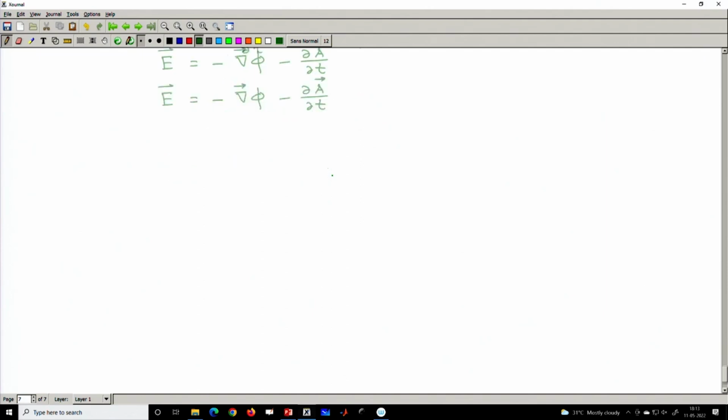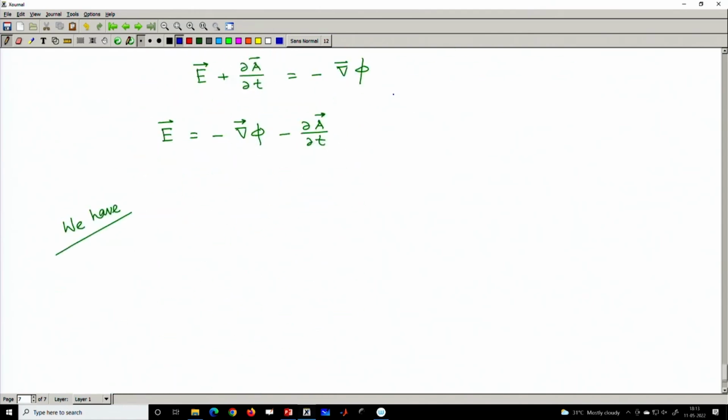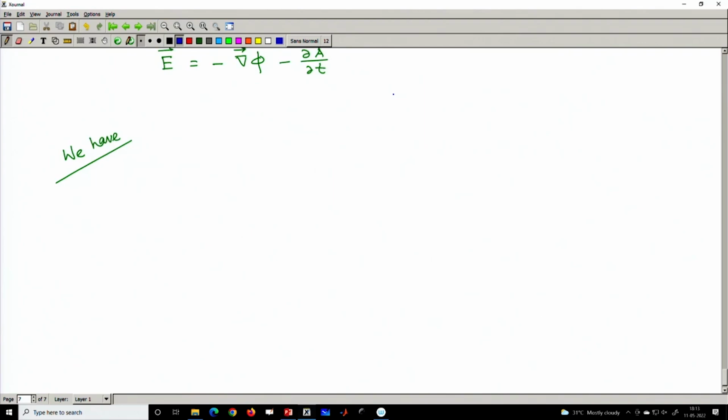So, what we get so far is this. We have done this earlier, but now we are trying to understand it using the four Maxwell's equations.